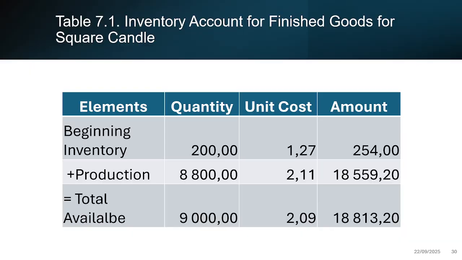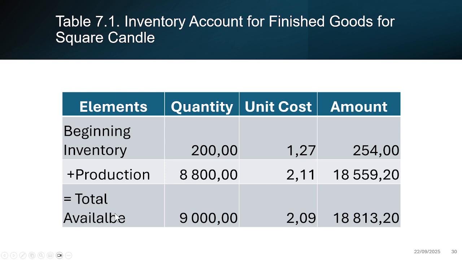And now we move to the nearly last part of part 4. We calculate the inventory account for finished goods for the square candle. This final table checks the inventory of the finished candles to determine the cost of goods sold and the values of inventories available.